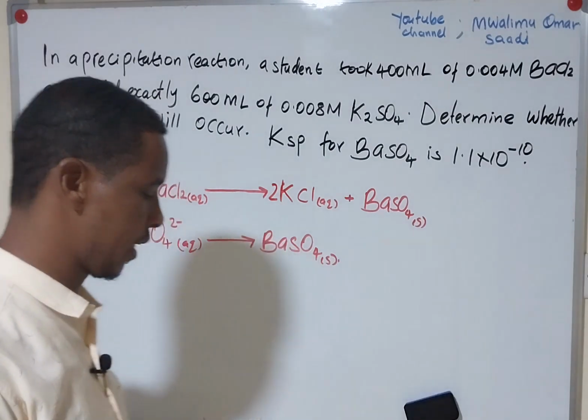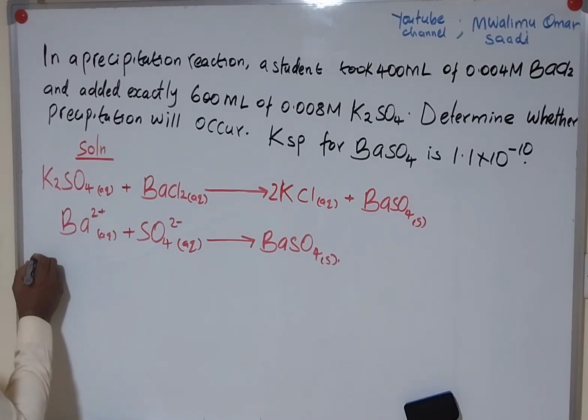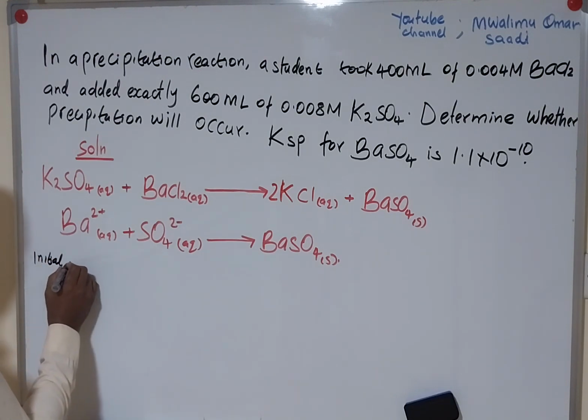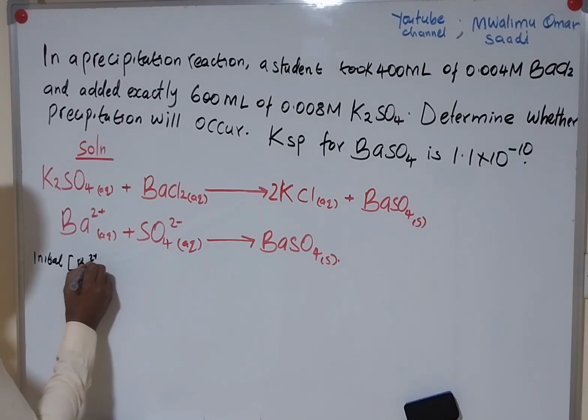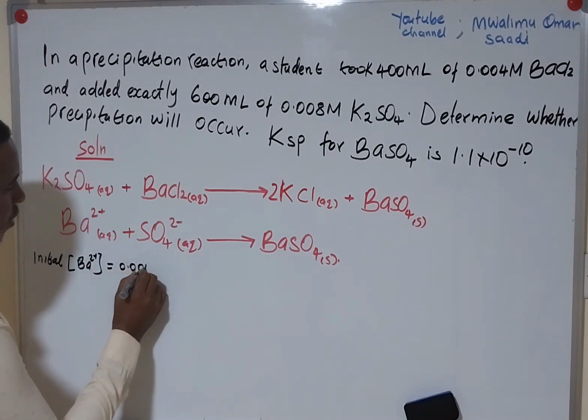So to get the final concentration of barium ion, the initial concentration of barium ion is 0.004.